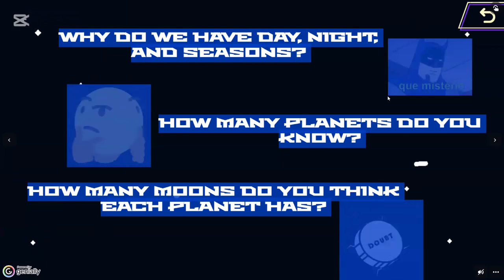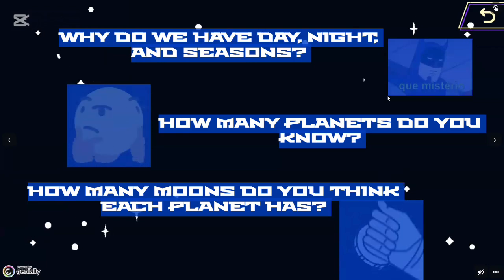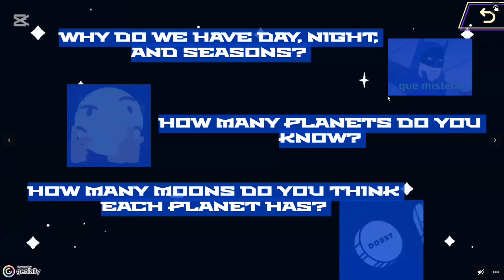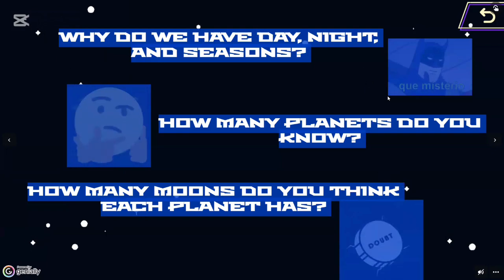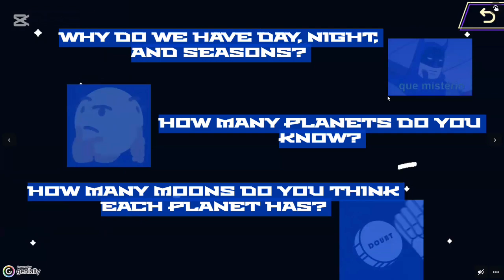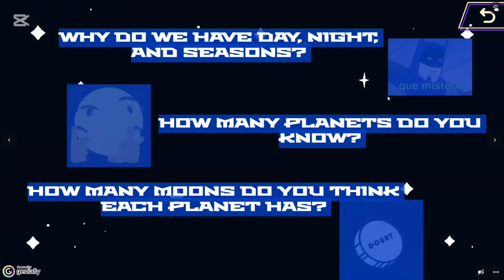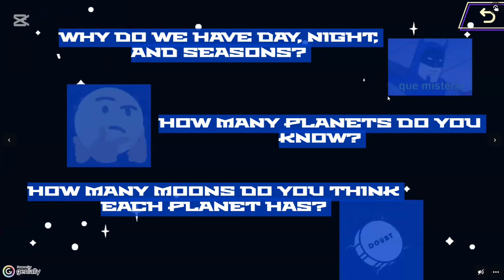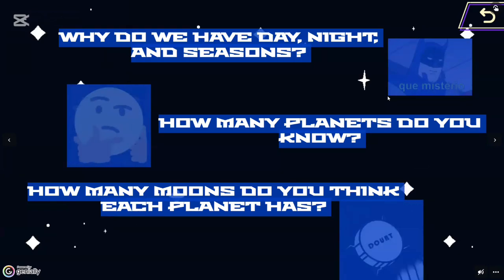Earth, Saturn, Mercury, I think it's Mars. 8 planets. Excellent. And the last one, how many moons do you think each planet has? Our planet only one. Only one moon. Okay, interesting. Some planets have more than 100 moons. We'll learn more about that today.